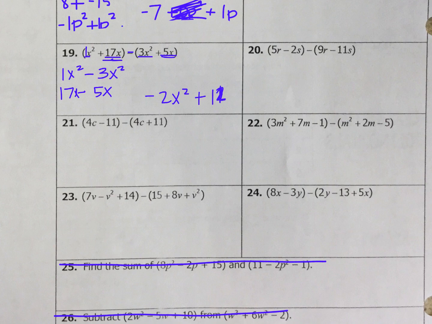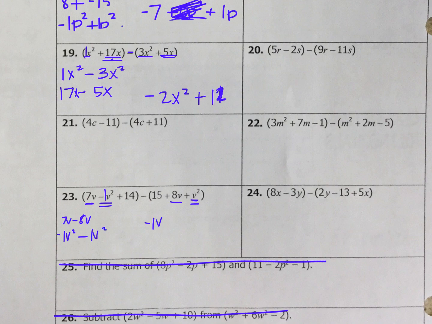So do it the exact same way. Let's bump down here and do a hard one, or harder. So I've got my v. 7v minus 8v. We've got to remember to subtract. We get negative 1v. Negative 1v squared minus v squared.